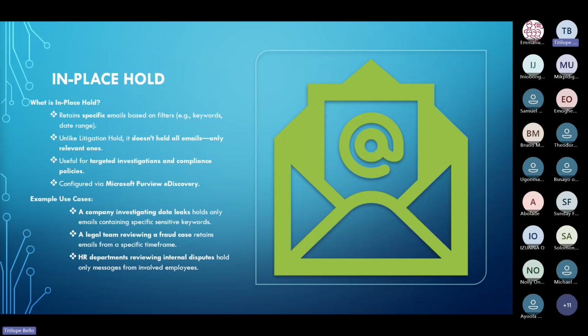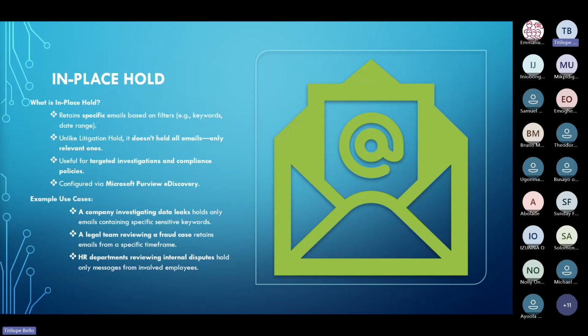Instead of keeping all email content, it targets only specific content based on a filter, like sender, keyword or date range, right? For litigation hold, we keep all the content.